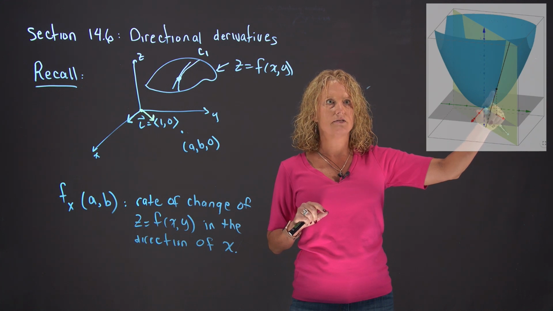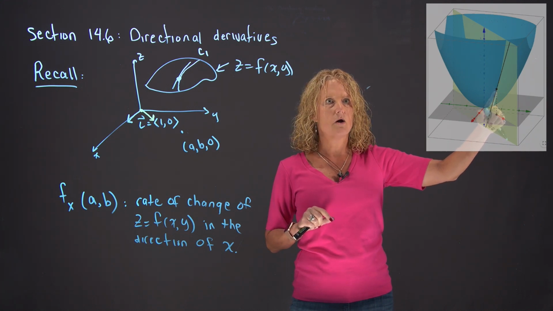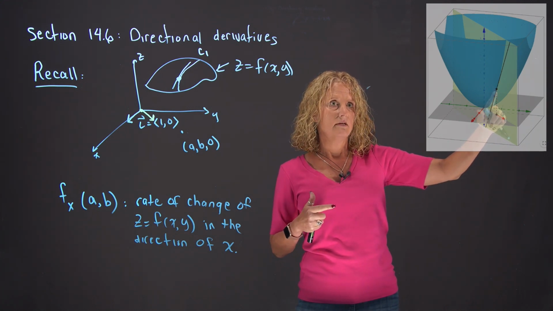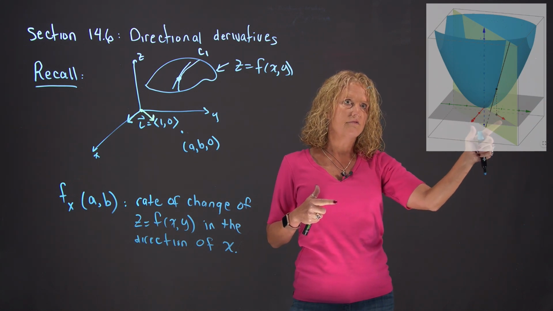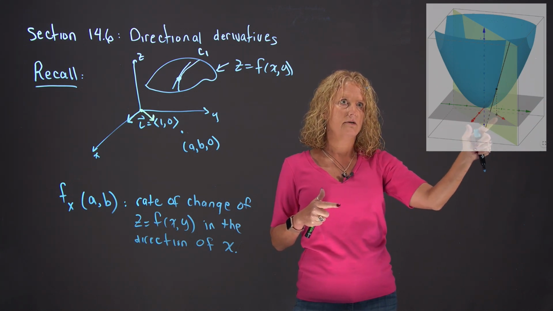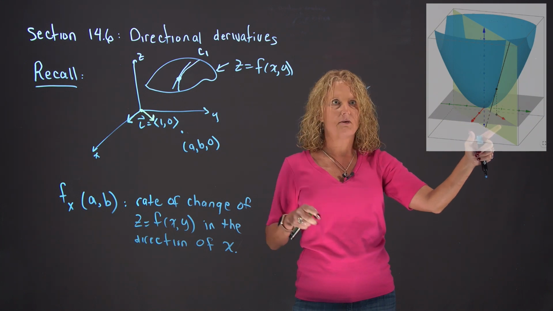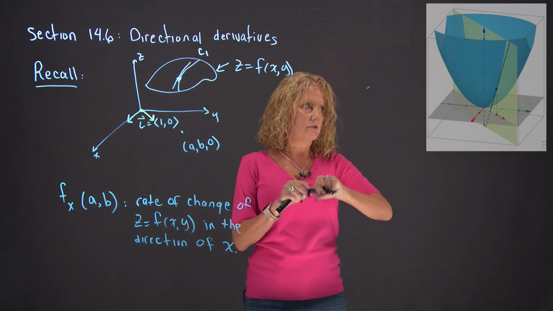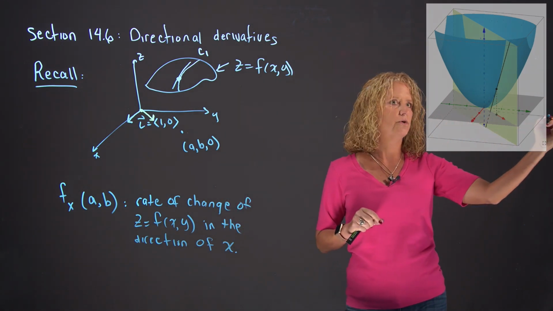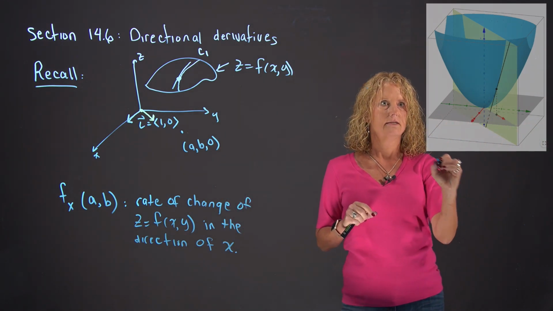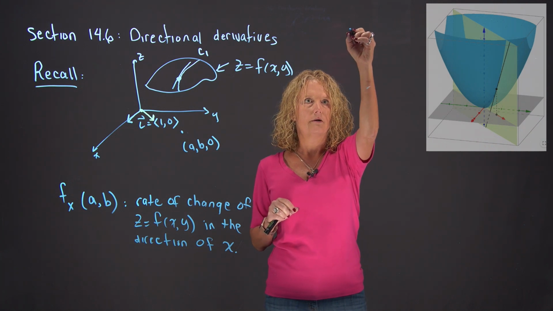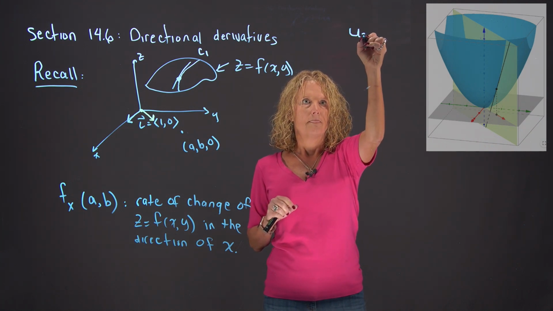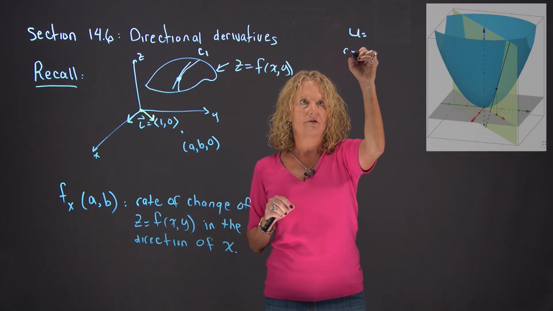So you're standing on this surface, and you want to know, how steep is the surface if I move in the direction of this unit vector, and that looks to be maybe right about a 45-degree angle. So we call that vector, that red vector there, u. u is this red vector in the plane.